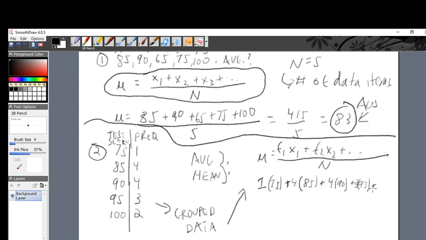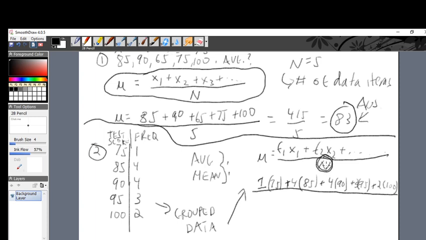And the frequency of the fifth data item, which is 2, times the data item, 100. Why stop? There are no more data items. How many data items are there? 1, 2, 3, 4, 5. Those are the total types of scores that we had. We ran out of data items, and right next to every data item we put its frequency, multiplying them. And now the question is, what is this n?